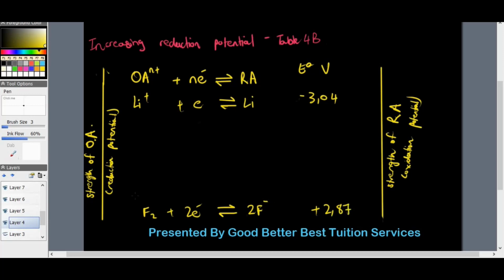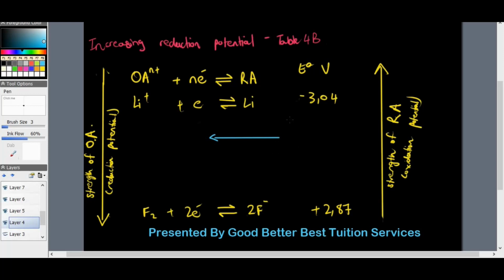The arrows also switch. So the strongest oxidizing agent reduction potential, this arrow is going down, and the strength of the reducing agent is now going up. So how the table is read for this one is in an anti-clockwise direction, written going like this.